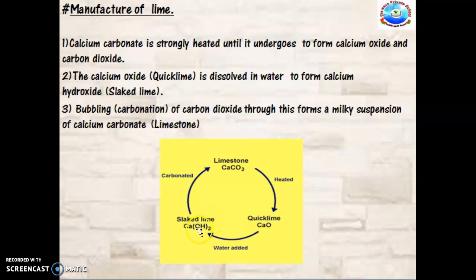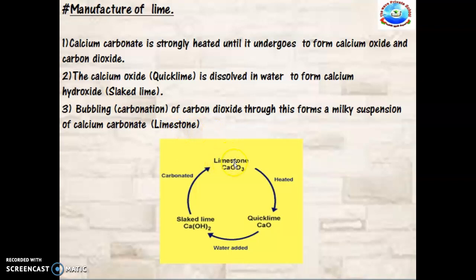In slaked lime, when carbon dioxide is passed through this calcium hydroxide, there is the formation of a milky suspension, that is nothing but calcium carbonate, which is called limestone.